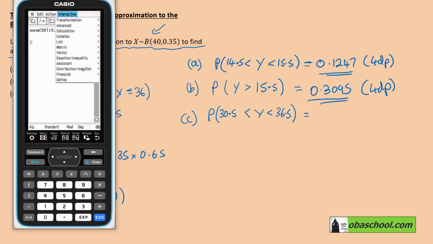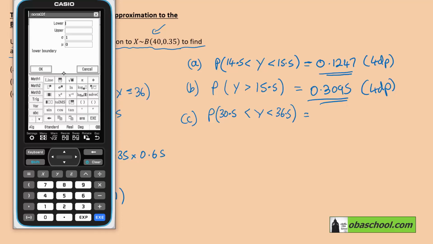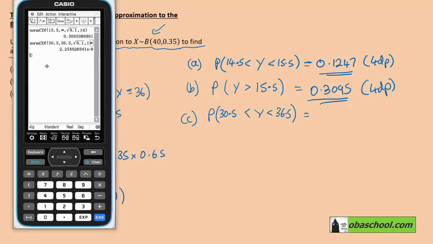So again, go and find the app, and that is 30.5 up to 36.5, square root of 9.1 and 14, and that is small, 2.25 times 10 to the negative 8.